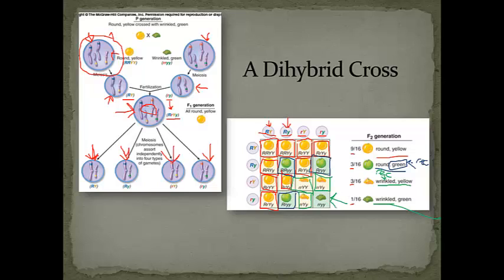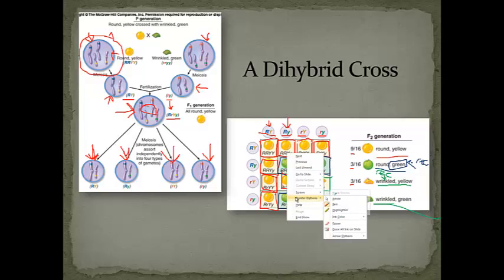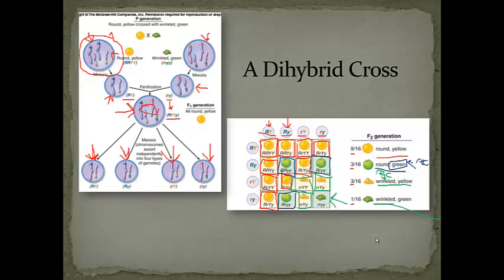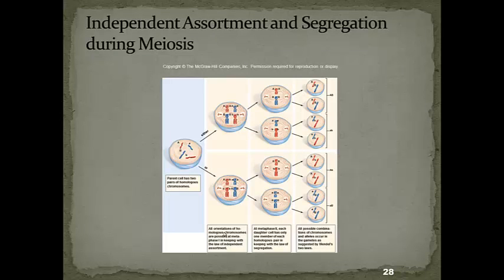So when crossing two heterozygotes, Mendel noticed you always get that same 9 to 3 to 3 to 1 ratio. And Mendel's smart. He can connect the dots and put all the info together and figure out what's going on. So he does.